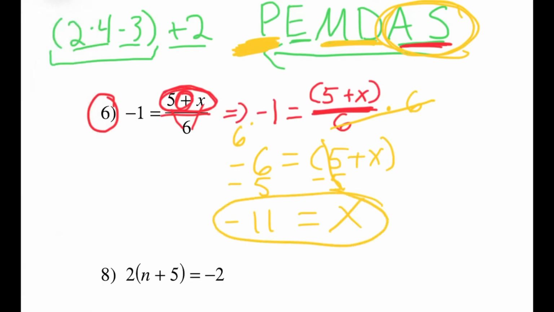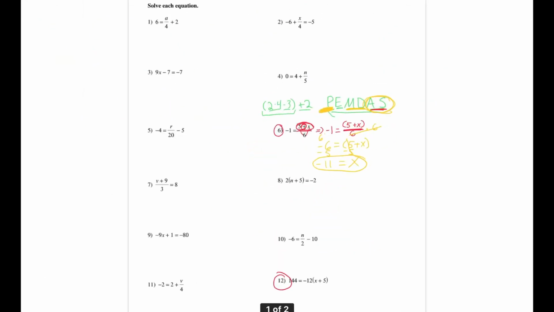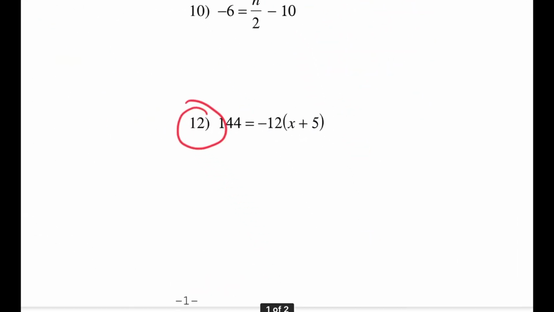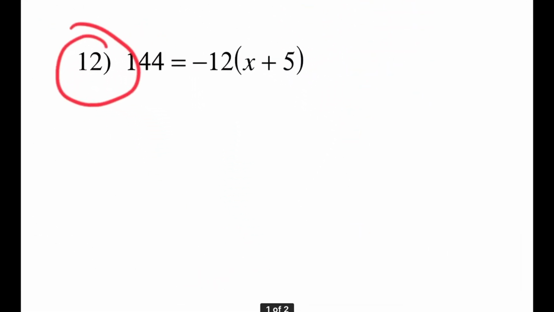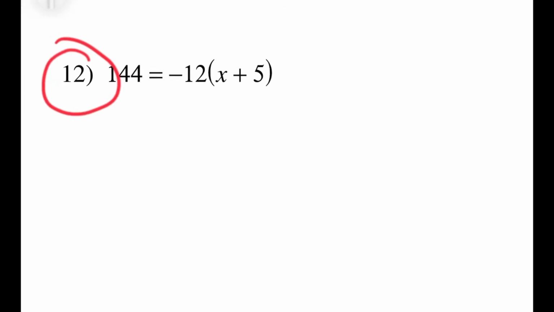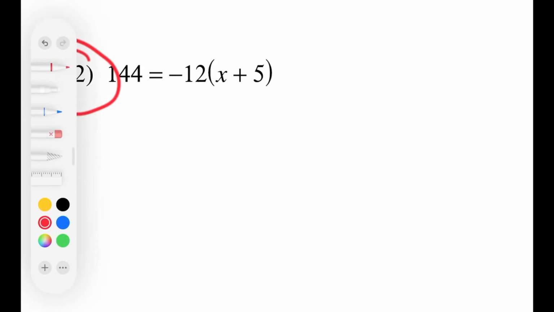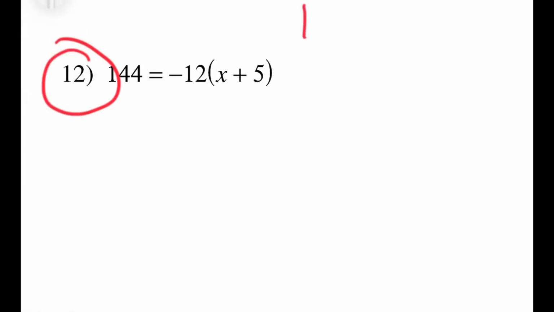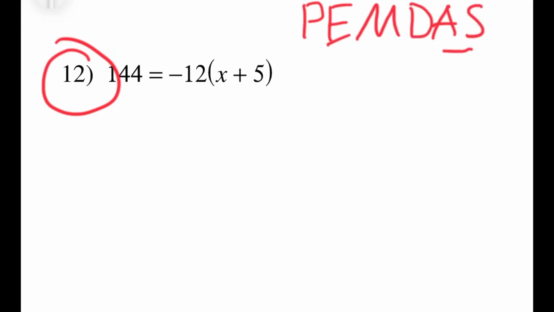Let's do another one. Number 12. Number 12, we already do have our parentheses or our grouping spelled out for us. So again, if you need to, every single time, write out your PEMDAS. You're going to go backwards.